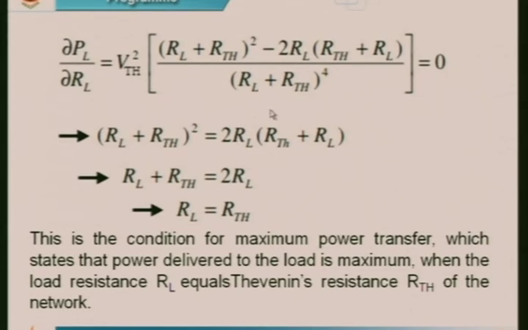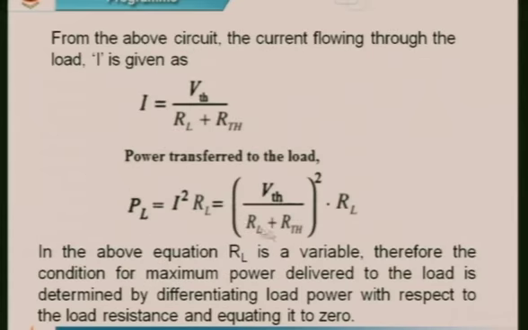Then RL plus R Thevenin, already it is the whole square, so that whole square. Generally when you do it, it is RL plus R Thevenin to the power of 4, keeping the denominator constant, and differentiating the numerator. When you go for the differentiation of the division, that is the U by V method, then what exactly are we going to do?